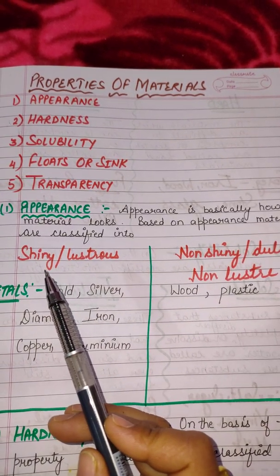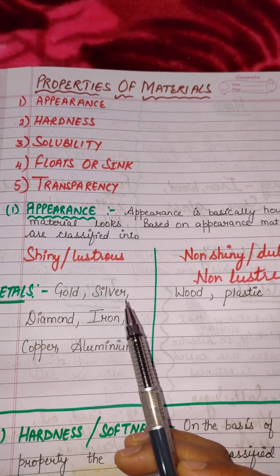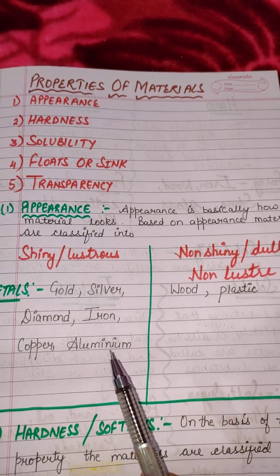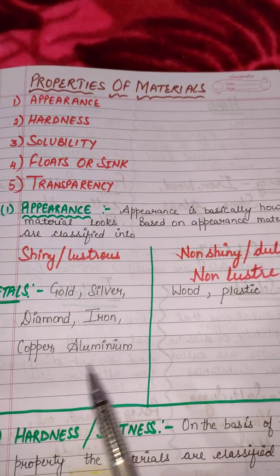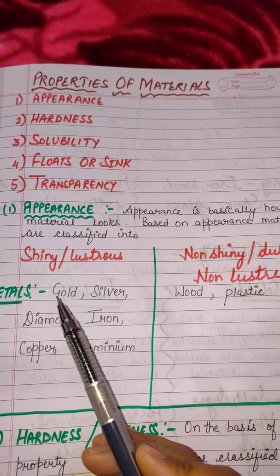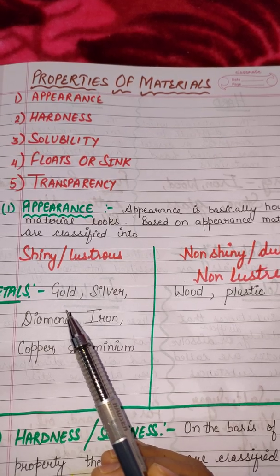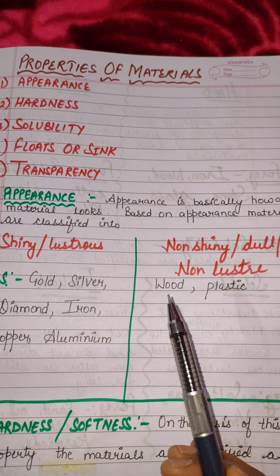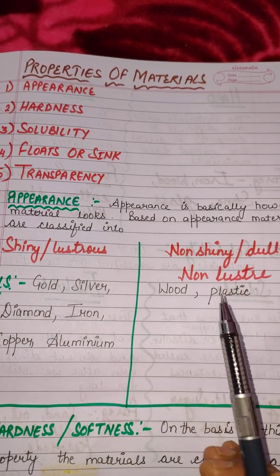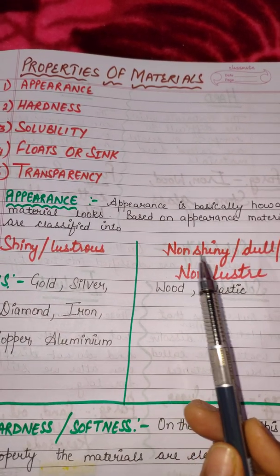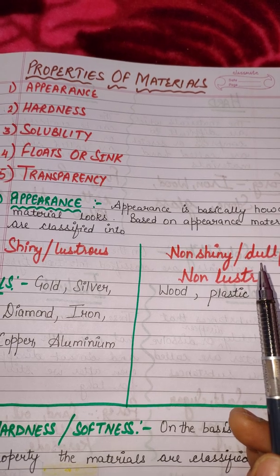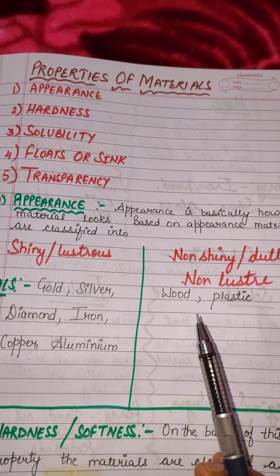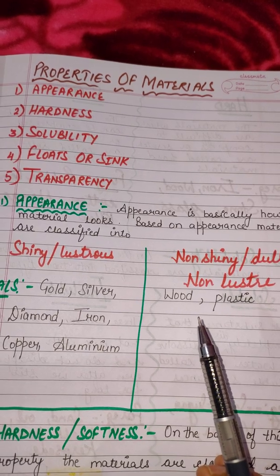Shiny materials are gold, silver, diamond, iron, copper, aluminium. All of these materials have their own shine. Whereas wood or plastic are non-shiny or dull, because they do not have their own shine.